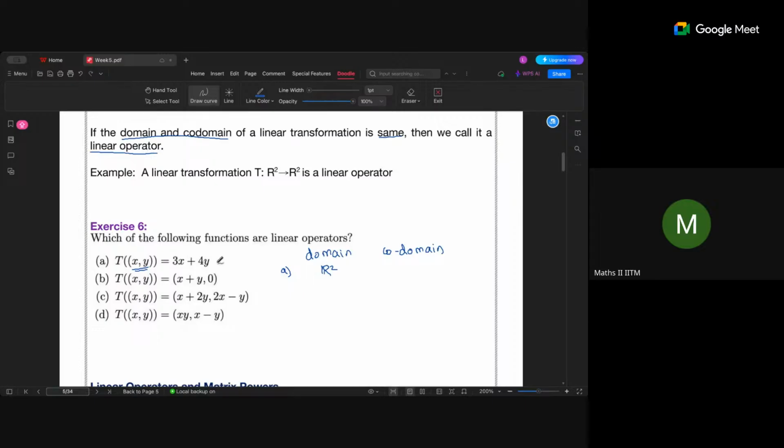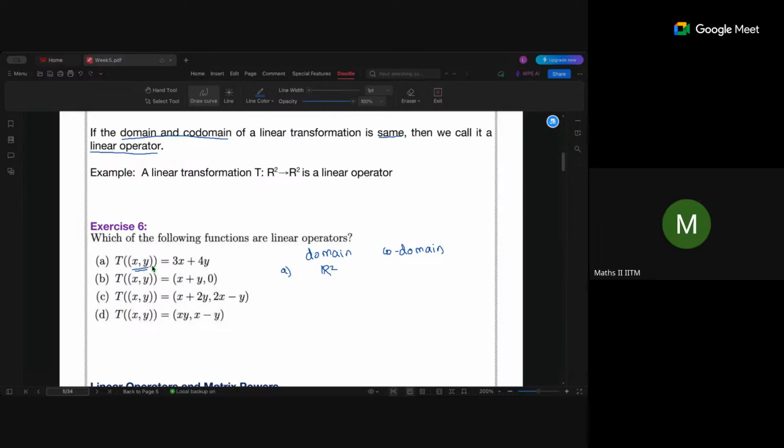What is the space? Where is 3x plus 4y lying?